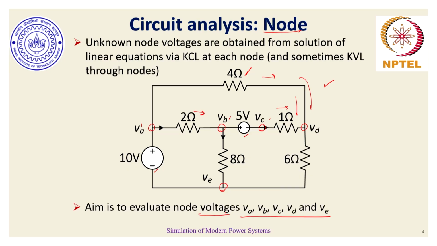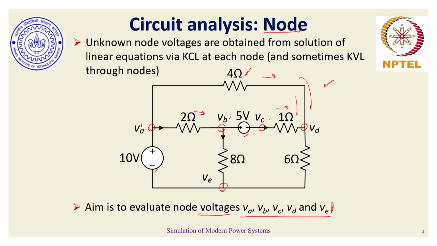Now, when we say that we have to find these 5 voltages, and voltages come from the term potential, to be precise, potential differences, then what is the reference for these 5 voltages? What is the value compared to which these nodes have their potentials?